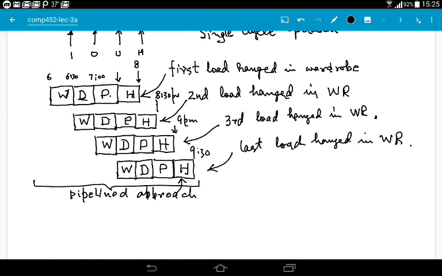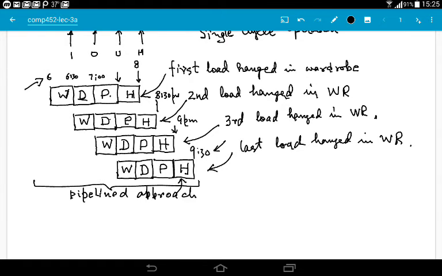In this pipelined approach, these W, D, P and H are called pipeline stages. So in this case, what is the total time taken to wash 4 loads of clothes? We started at 6 p.m. but we completed at 9:30, which means 3.5 hours.